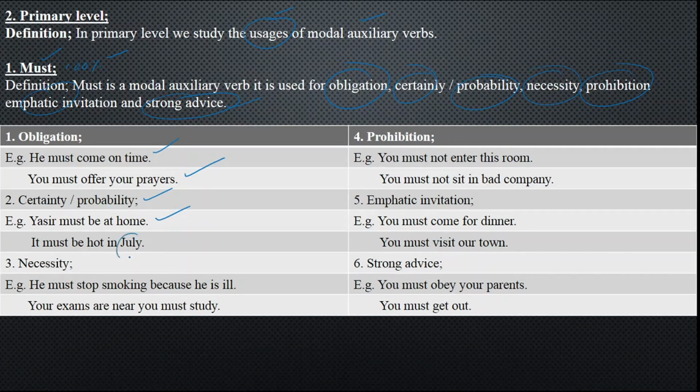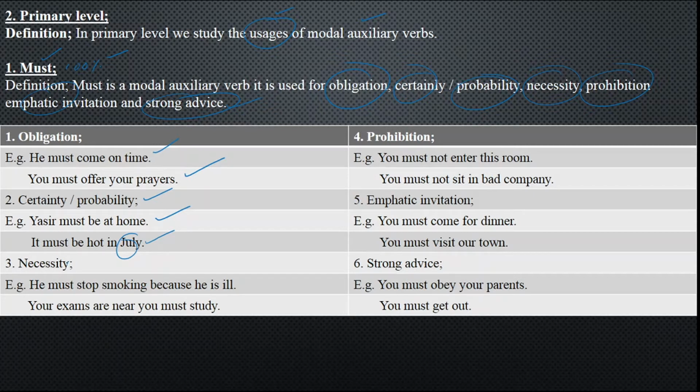The month of July comes in the summer season and it is too hot. That is why we say it must be hot in July, and it is certain. In rare cases the clouds come and it rains, the weather may change, but July is just the name of hot weather.